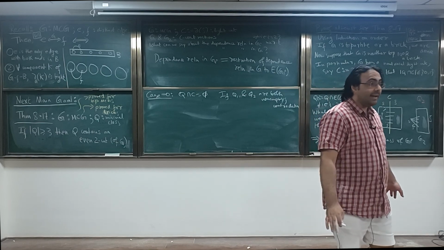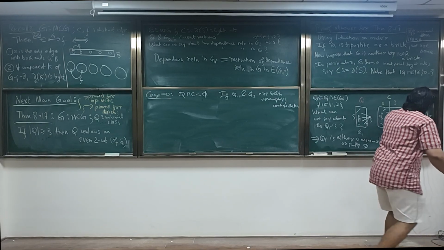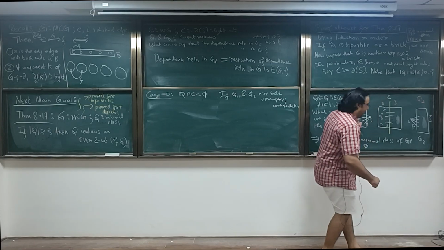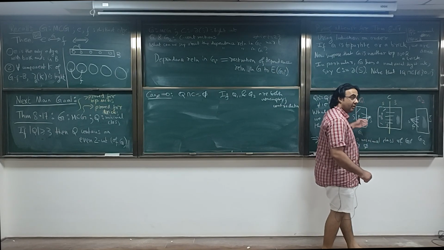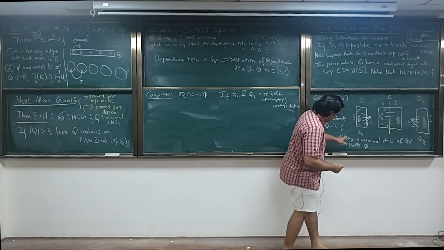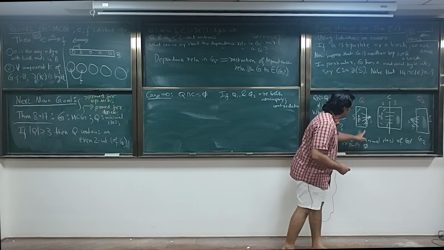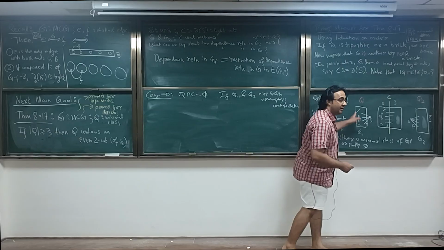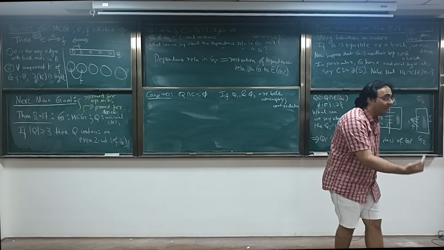Then you have a minimal class in G1 whose cardinality is 3 or more, because we already proved that Q1 is either a minimal class of G1 or it is empty. It's not empty, all the edges are here. So this is going to be a minimal class of G1 of cardinality 3 or more.